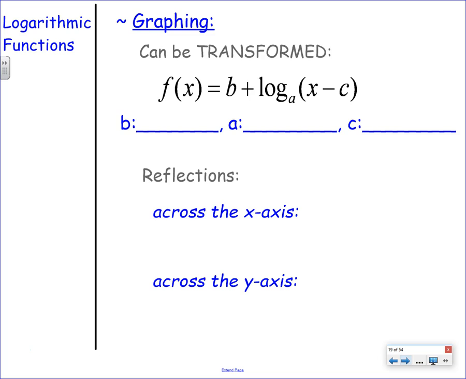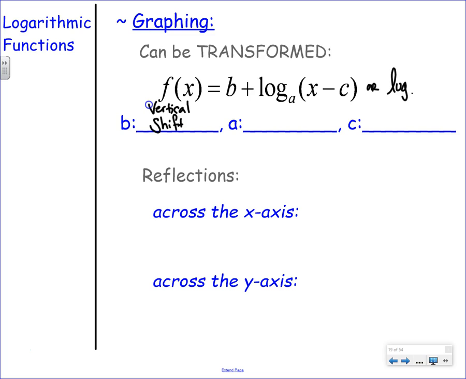So what did you guys notice with the B on the outside? What was going on whenever there was something added or subtracted on the outside? Up or down. Shift, right? So you can say a vertical shift. But something that you guys saw in the workspace was, if there's a minus, it doesn't necessarily mean it's going to be a shift down.